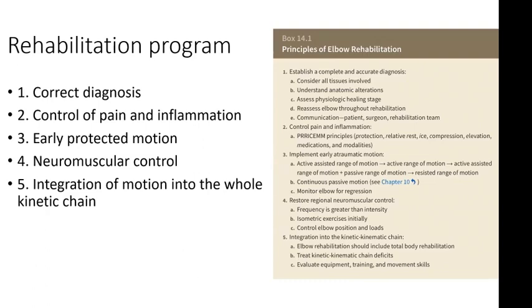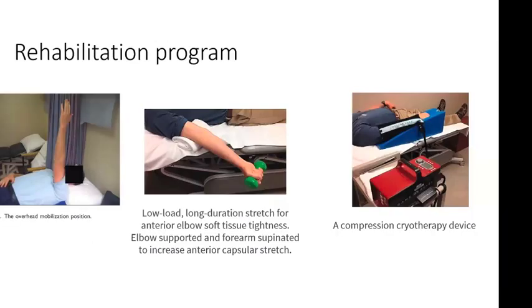A 5-step rehabilitation process involves the correct diagnosis, control of pain and inflammation, early protected motion, neuromuscular control, and integration of motion into the whole kinetic chain. The overhead position described by Wolf and Hotchkiss is the optimal mobilization position to achieve early active mobilization.